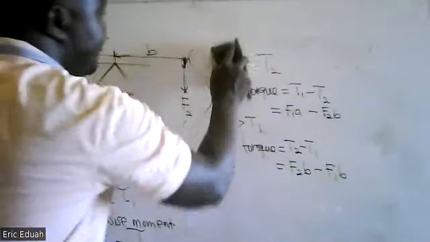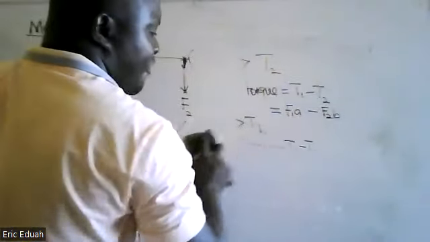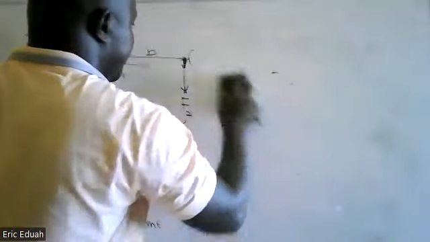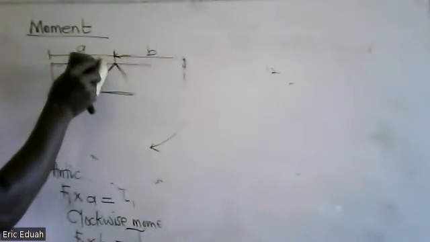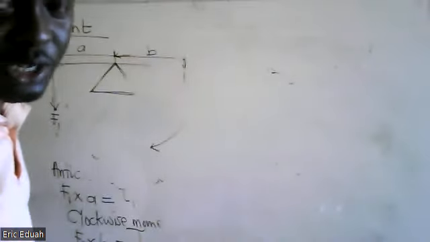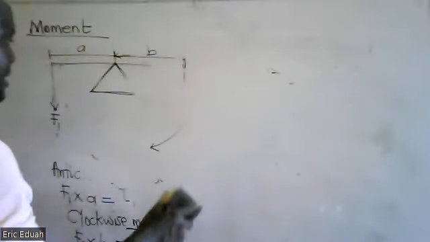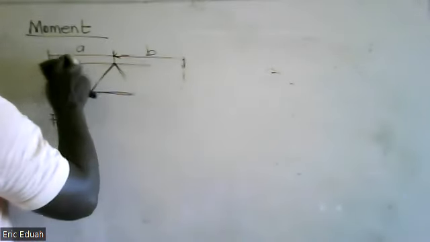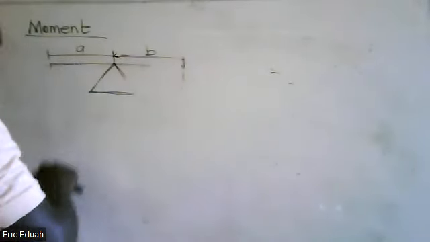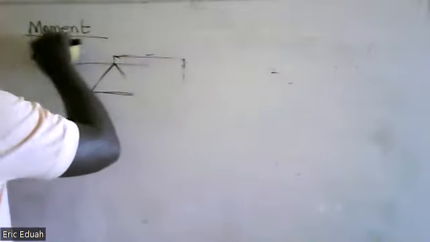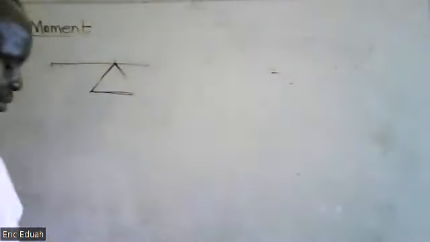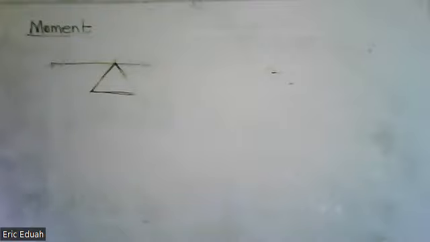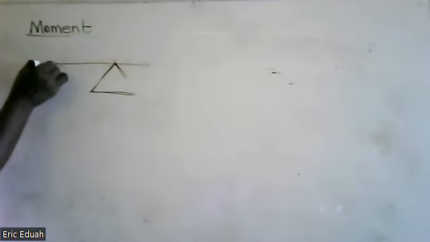Now, what about if there is a force, but the force is not directly perpendicular to the distance, or the distance is not perpendicular to the force? Example, I have this situation.